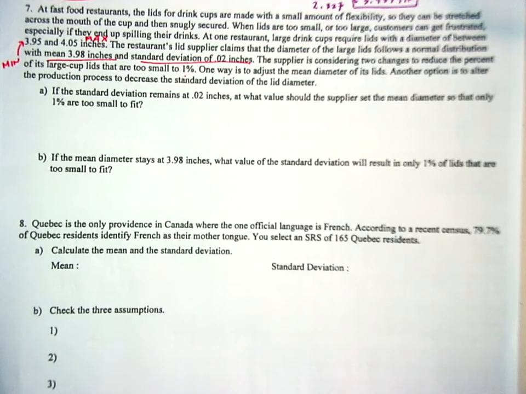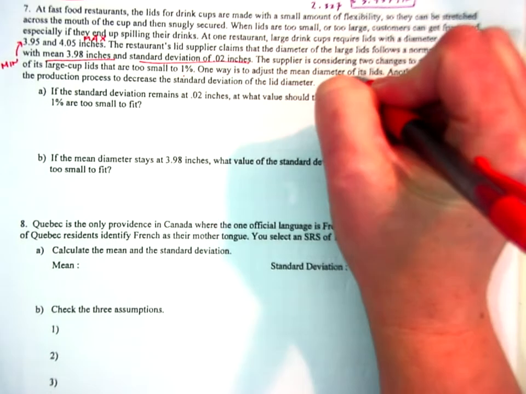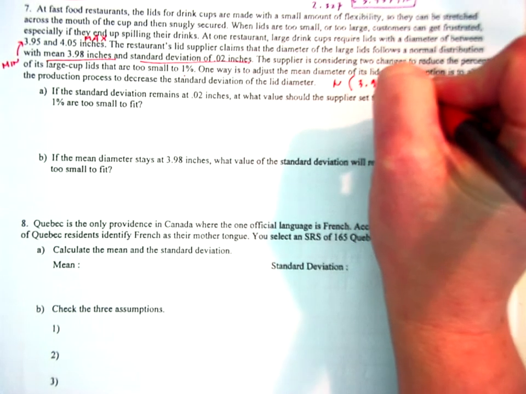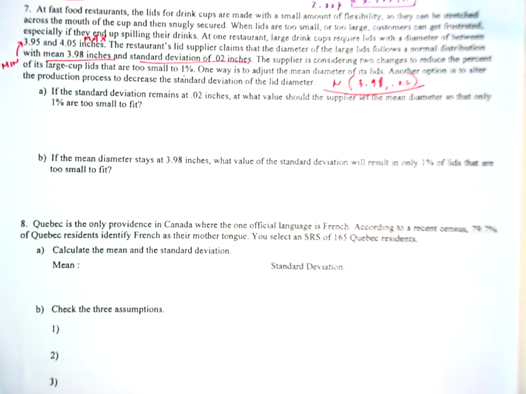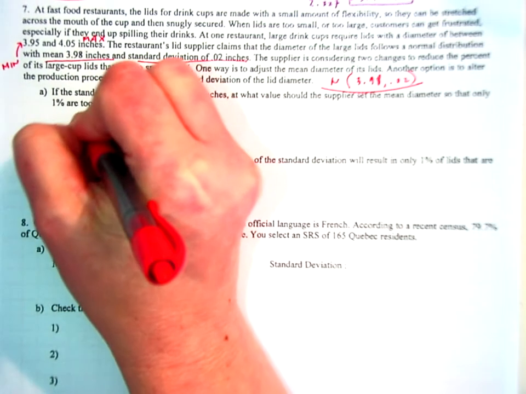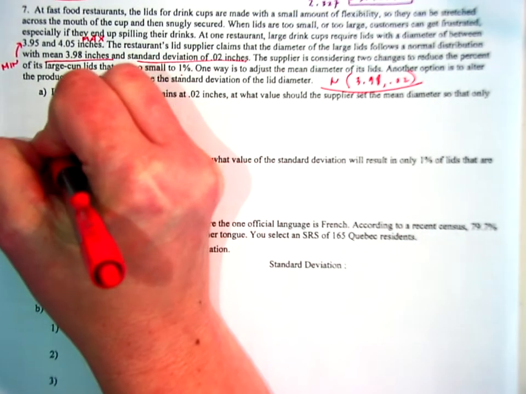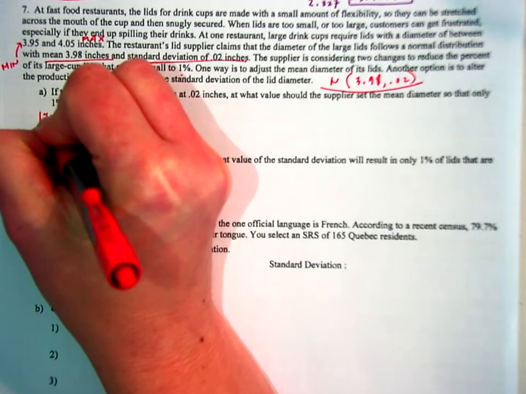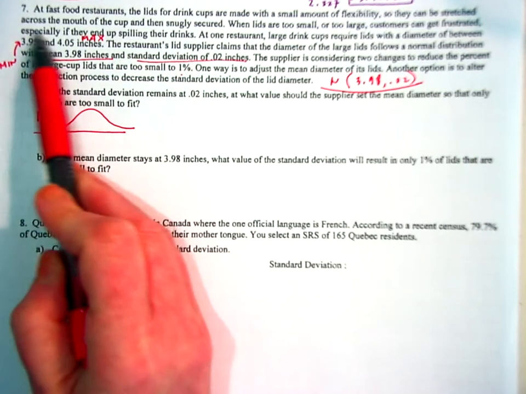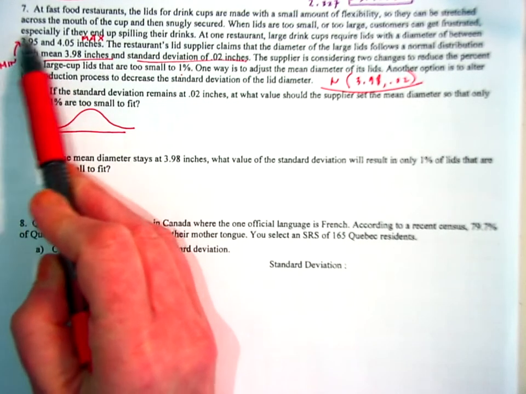Okay, so let's visualize what's going on. First up, we know it's a normal distribution, here's our mean, and our standard deviation. Boom, there we go. In this situation, I'm picturing a normal curve. Here's that lowest 1%. And I know that up here, the minimum is 3.95.